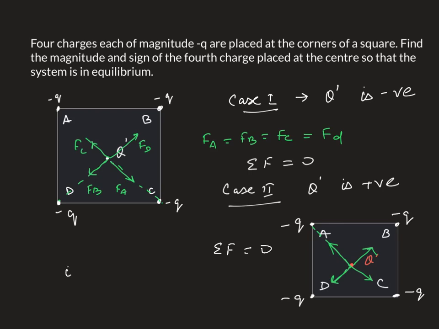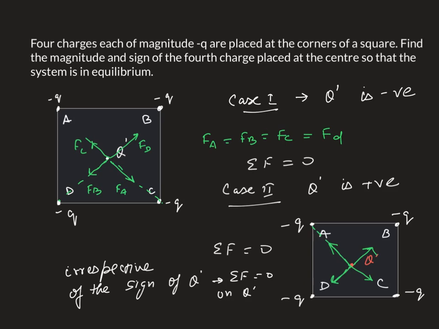So irrespective of the sign of Q dash, net force equals to 0 on Q dash. Now please take care, this is very important. The net force is 0 on Q dash, and we have only discussed Q dash for now.